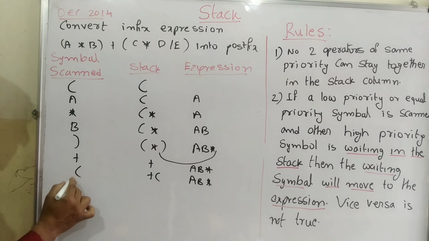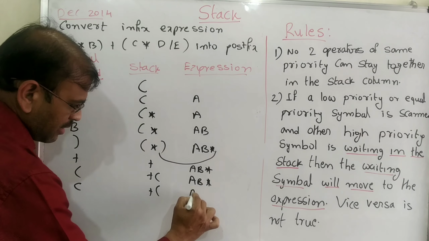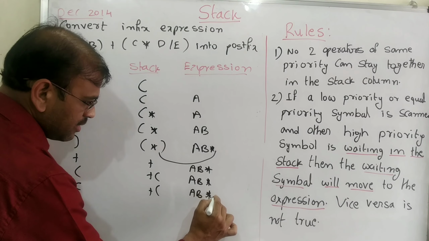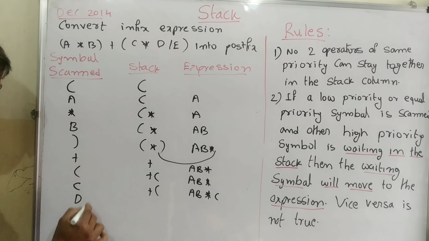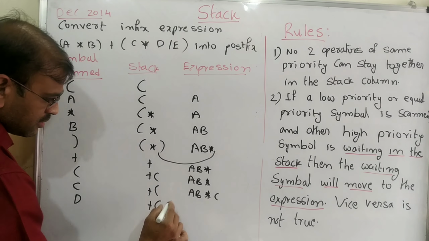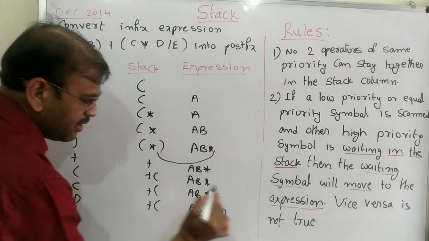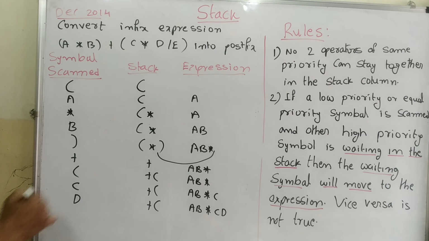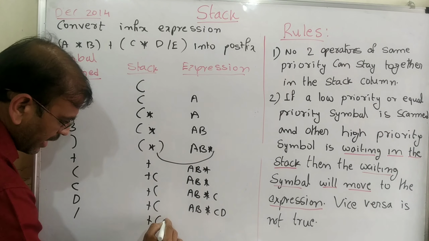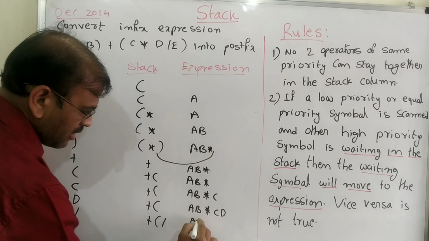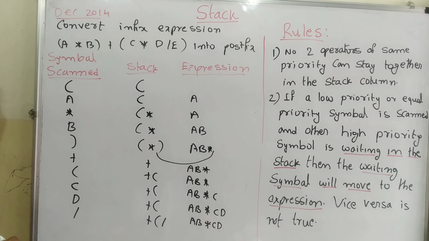The next is C. Plus bracket, AB multiplied by C. The next is D. Plus, AB multiplied by CD. Next is what? The slash. Plus opening bracket slash, AB multiplied by CD.